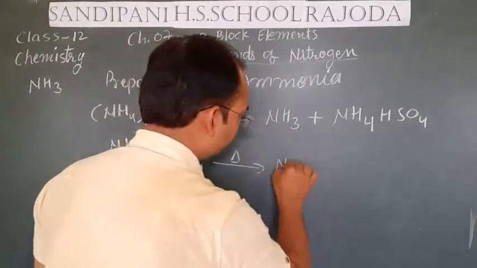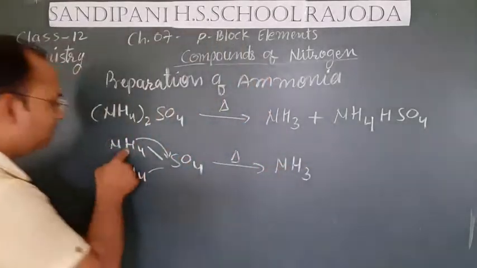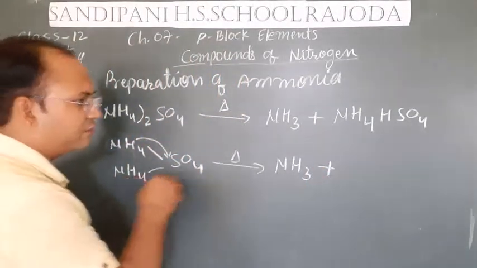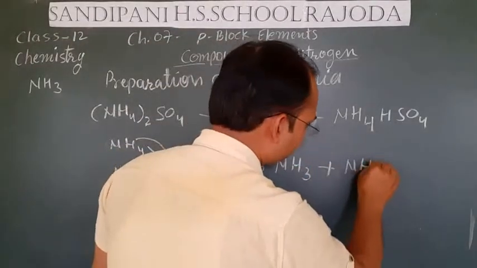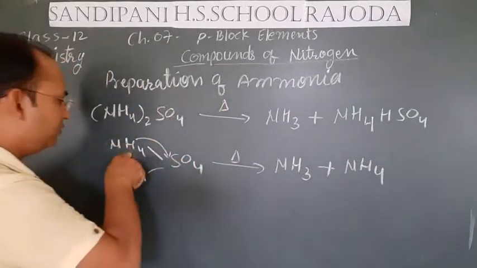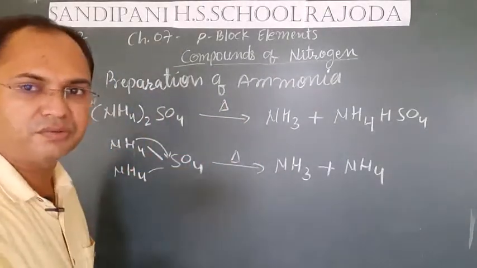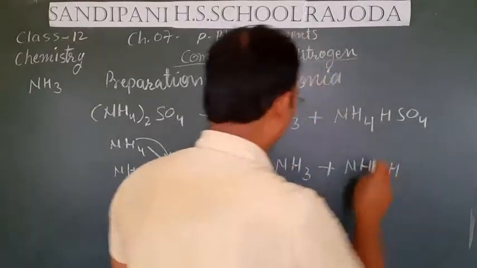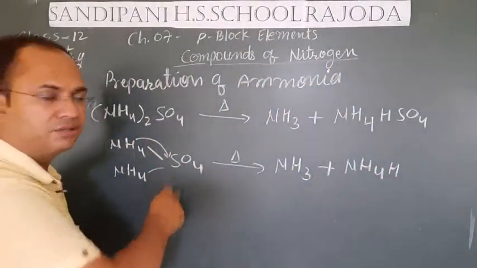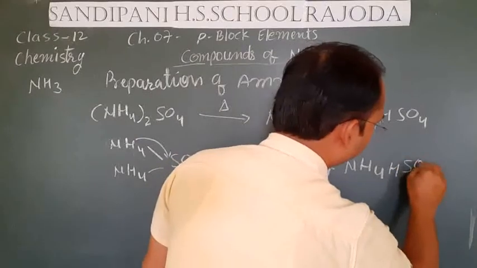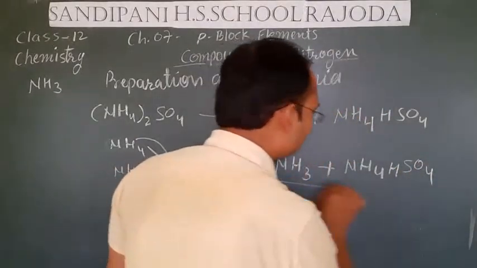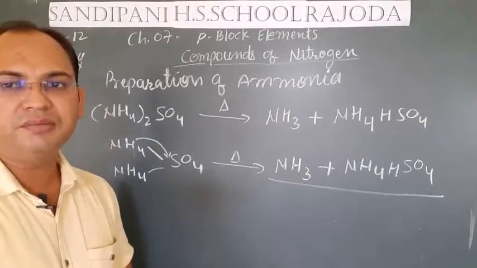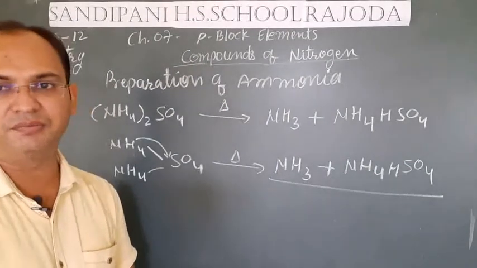So NH3 plus this NH4 plus this one hydrogen which was removed from the NH4, and this SO4. So in this way, students, the ammonia and ammonium hydrogen sulfate is formed.